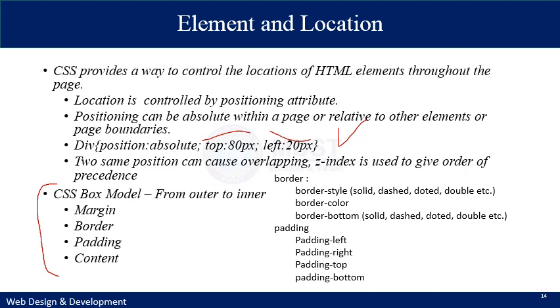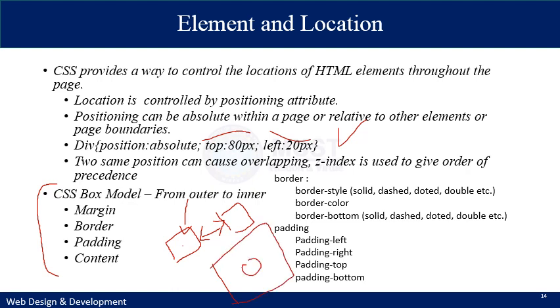You can specify a margin to create a space between two elements. Similarly, when you move to the inner layer, you have a border of your element, and then you have the content of your element.